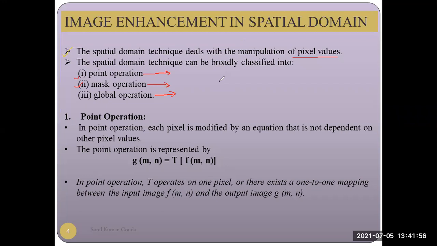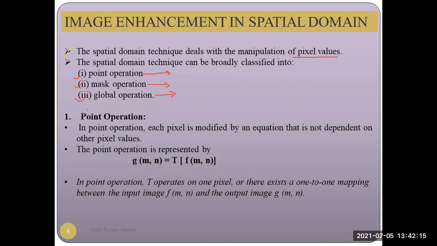We will discuss everything about that. Then global operations mean that every pixel in your image is responsible when you perform an image enhancement technique.